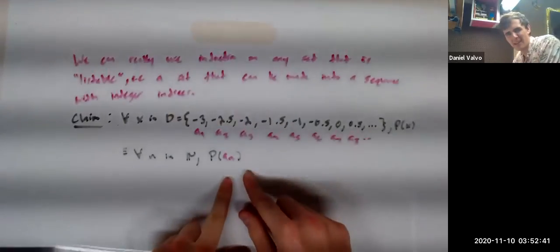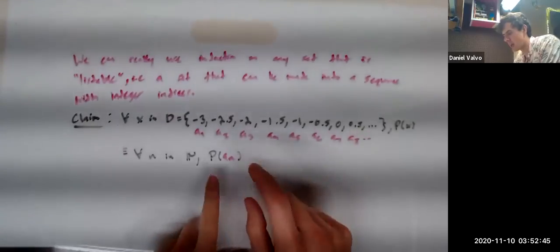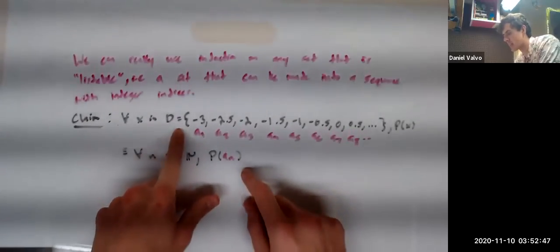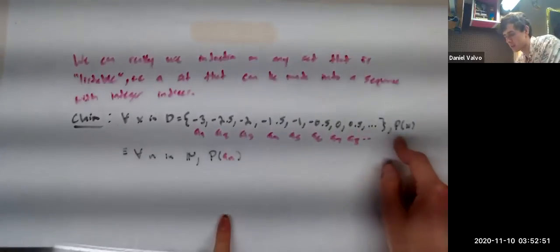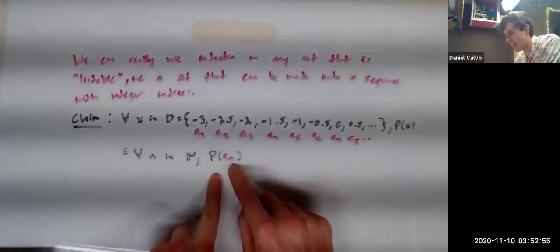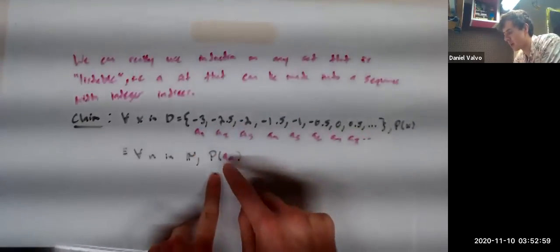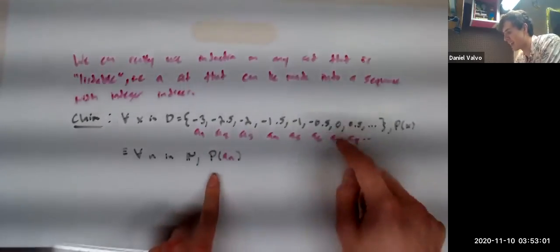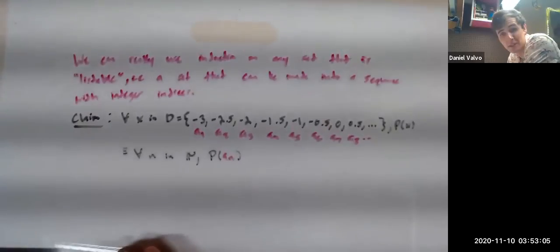Let that sink in. Does that make sense? If we prove that for everything in this set, -3, -2.5, -2, that P of x is true, whatever this property is, well, that means that for all n in N, P of an is true. Because a1 is this thing in D, a2 is this thing in D, a3 is this thing in D. So if we can prove the property is true for all of these an, we've proven it's true for everything in D, because D really just is the set of all these an.